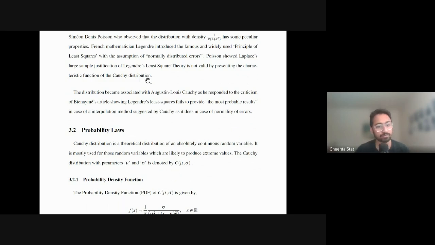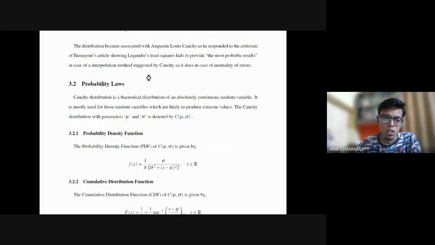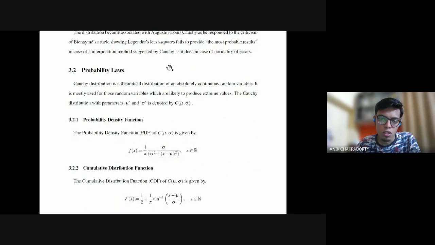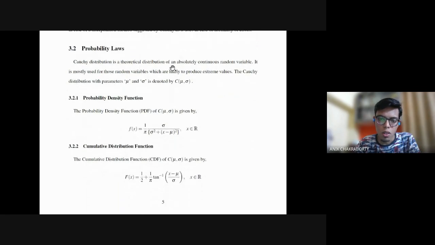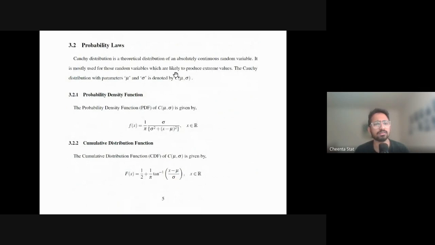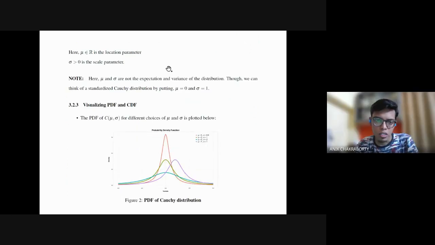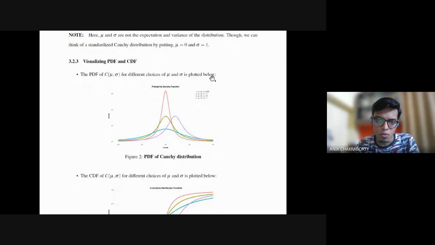Here are the probability laws, that is, the density and distribution functions. This is something people know who are acquainted with probability distributions: the PDF and the CDF. This is the graphical representation of the PDF and CDF.